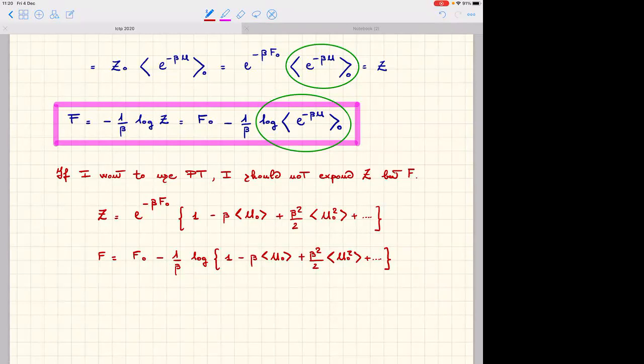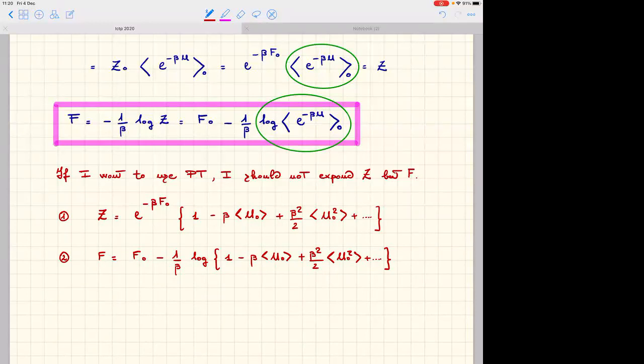Clear? Yes. Okay. So that's why I'm saying I want to write down a power series in the interaction strength, not for the partition function as I've done in the upper line, as I've done here in 1, but for the free energy as it is done in 2.